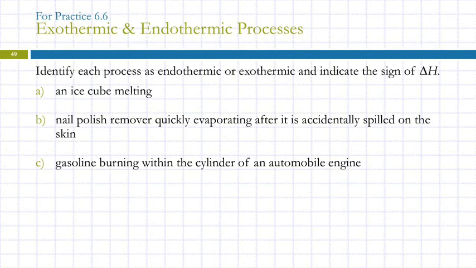Let's think about what we could do to the ice cube to make it melt faster. Add heat. So if the ice cube is melting, it must be taking heat in, right? So then is delta H positive or negative? Positive. So here delta H is positive, or we'll often say delta H is greater than 0.